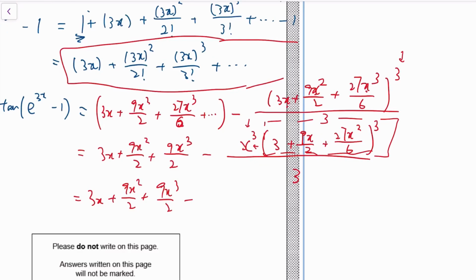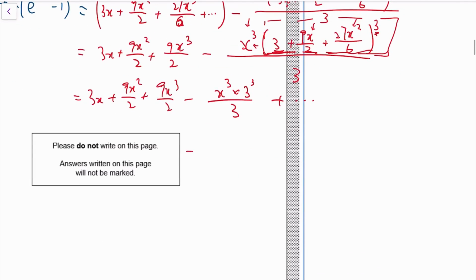What is the only constant term that would come out from this whole thing? It should be 3 to the power of 3, right? Because any other thing multiplying together would involve some x. So the only term that we have is 3 to the power of 3 plus dot dot dot, a lot of terms that we're omitting.